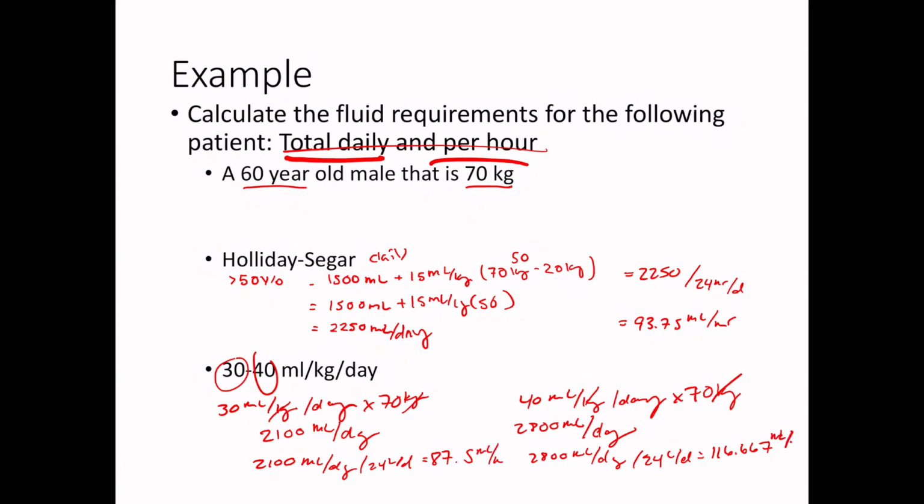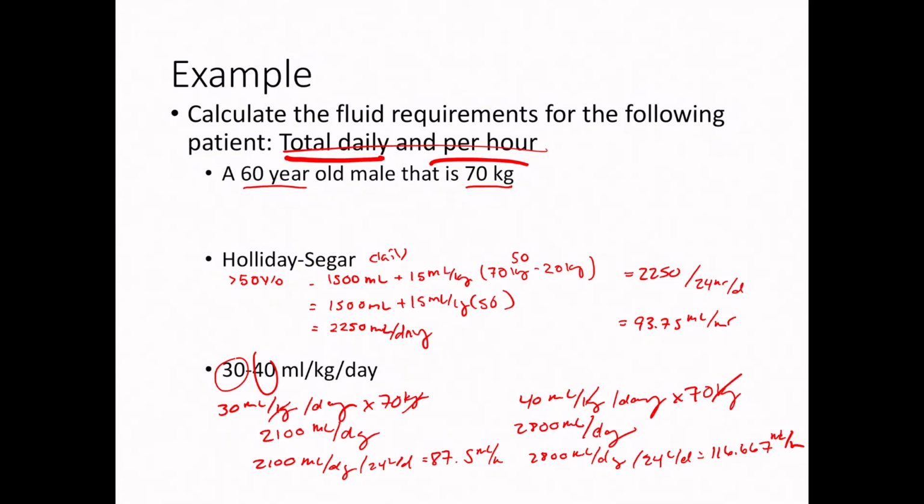And that's typically what our pumps are actually programmed towards. Now, you might be like, Dr. Joyner, which one of these values would you use in clinical practice? Because if you look at it, 87.5 versus 93.75 versus 116, that seems pretty exact. So typically these pumps are programmed at 25 milliliter per hour intervals.